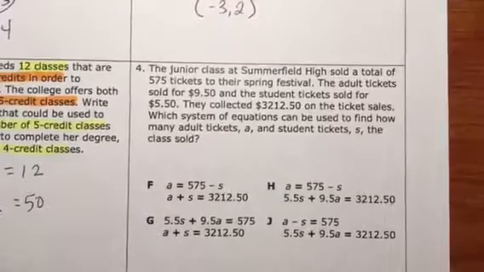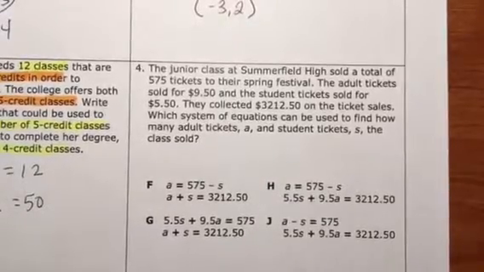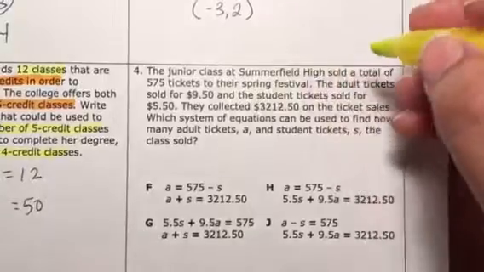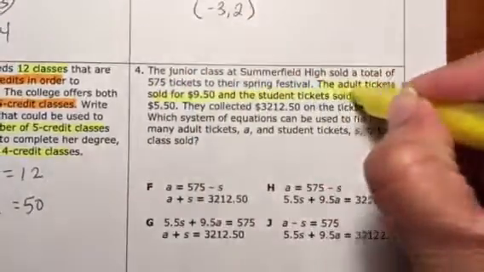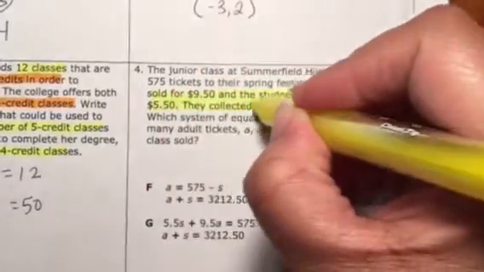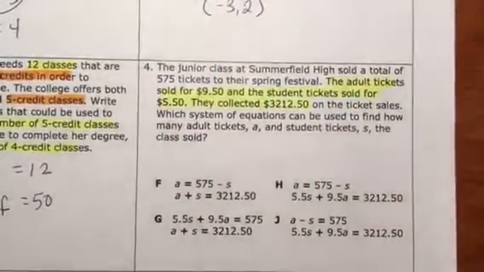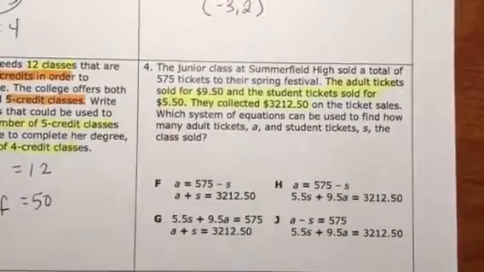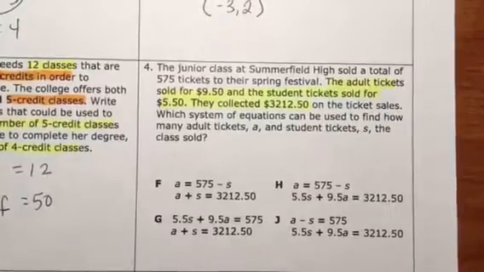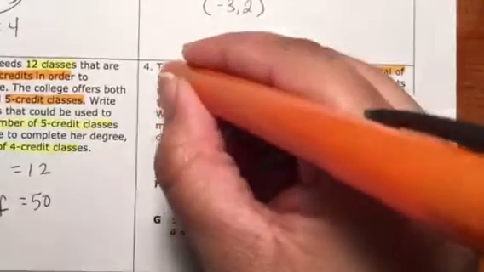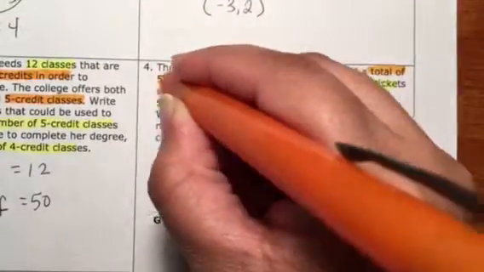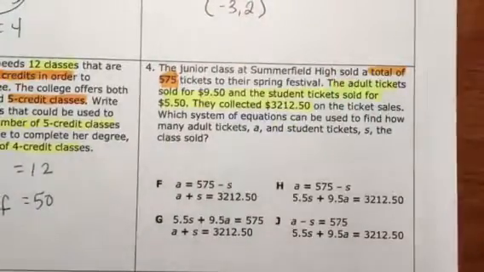Okay, so here I need y'all to remember that money goes with money. So all of this goes together. And then the other thing I need you to know is that the total number of tickets is 575.